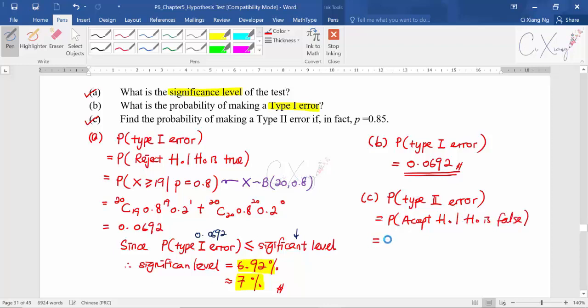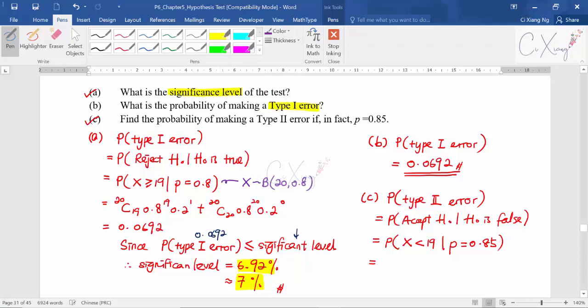I told you already that accepting the null hypothesis means you need to put in the acceptance region, which is the opposite of the rejection region. So it should be smaller than 19. Then what is the new value of P when the null hypothesis is false? It is 0.85.